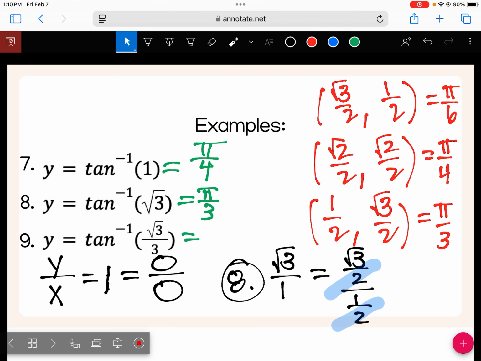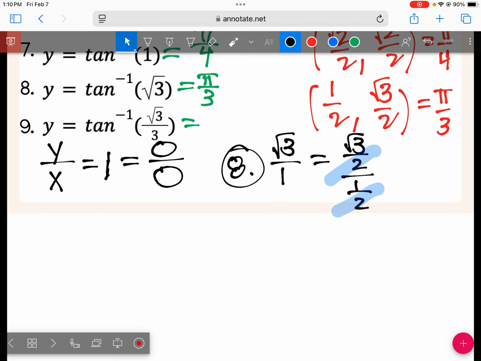And then for number 9, in order to get a root 3 over 3, we had to rationalize our denominator to get there.